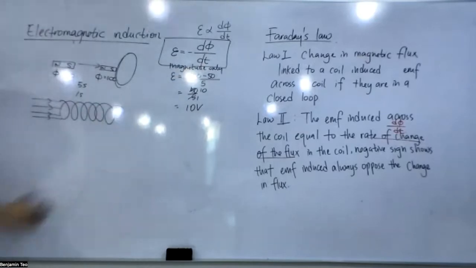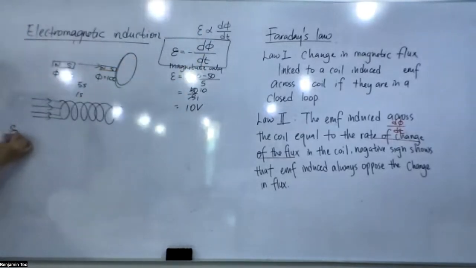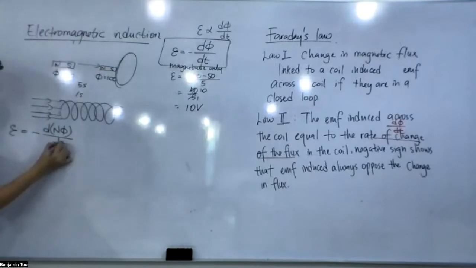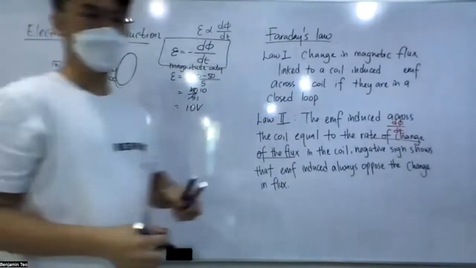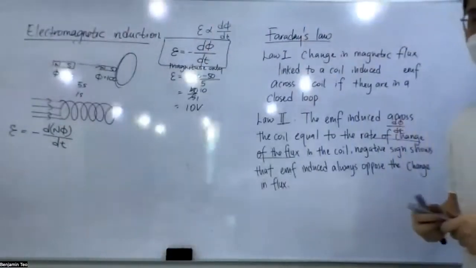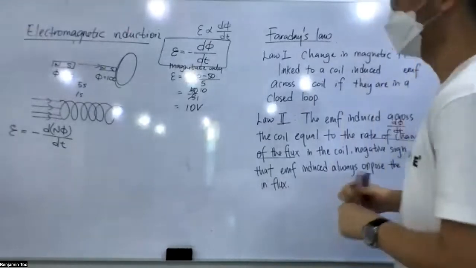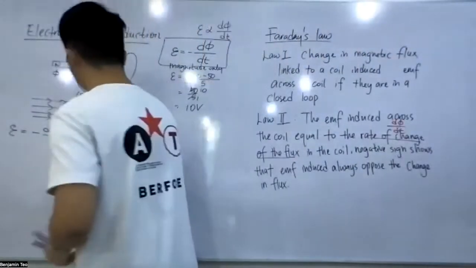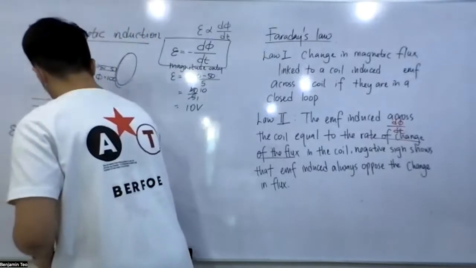So we will change this: E equals negative d of magnetic flux linkage over dt, which equals negative d of N phi over dt, which equals negative d of NBA over dt.